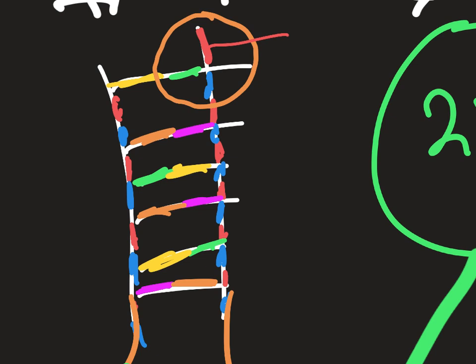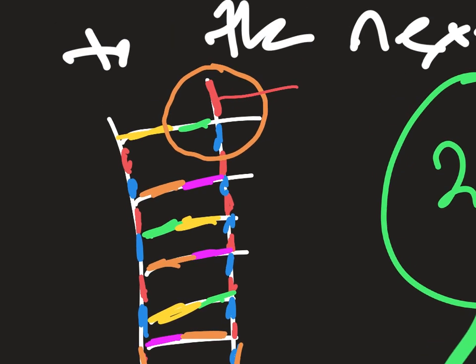Okay, I'm going to just get rid of all that writing. What I've drawn in here is this orange circle that shows a sugar, a phosphate, and 1 base pair.